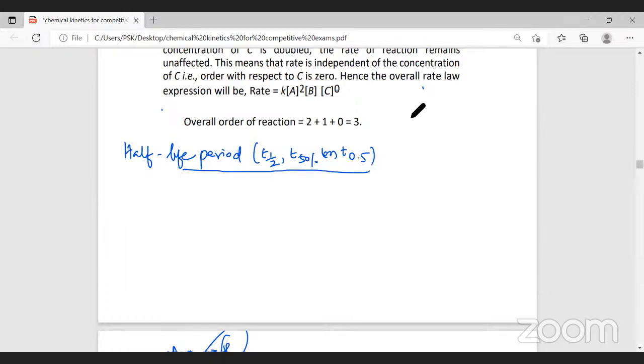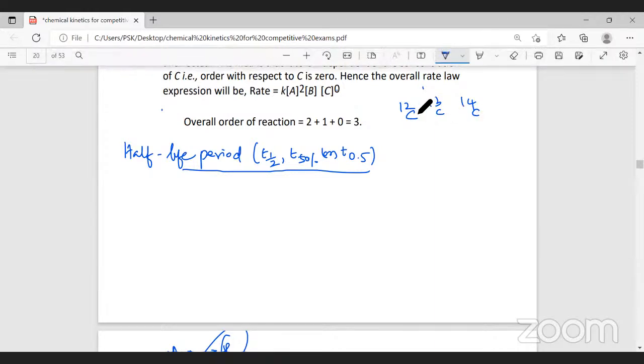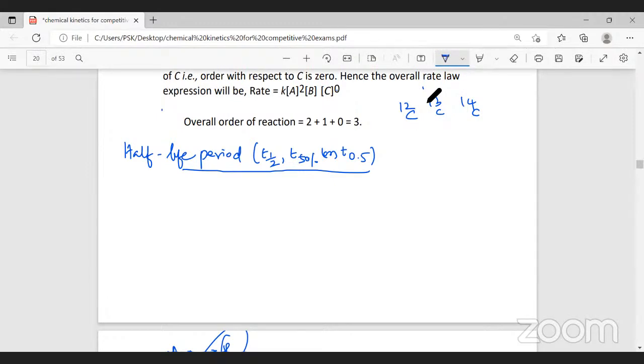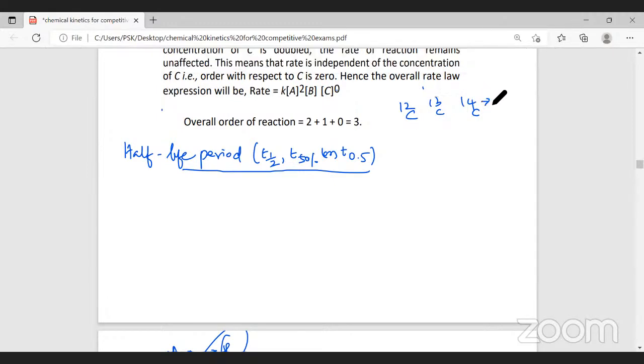For an example, what are carbon 12, carbon 13, carbon 14? What are these called as? Isotopes.